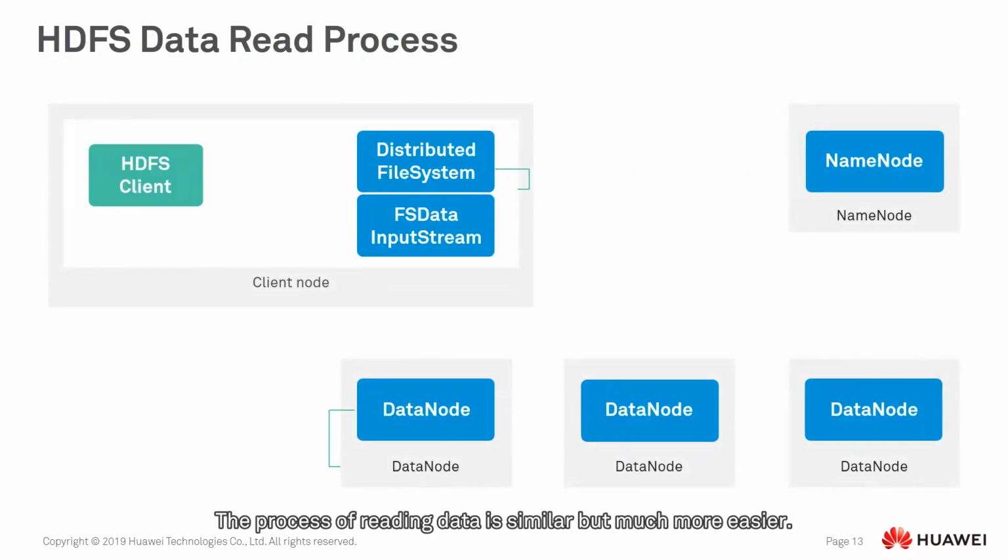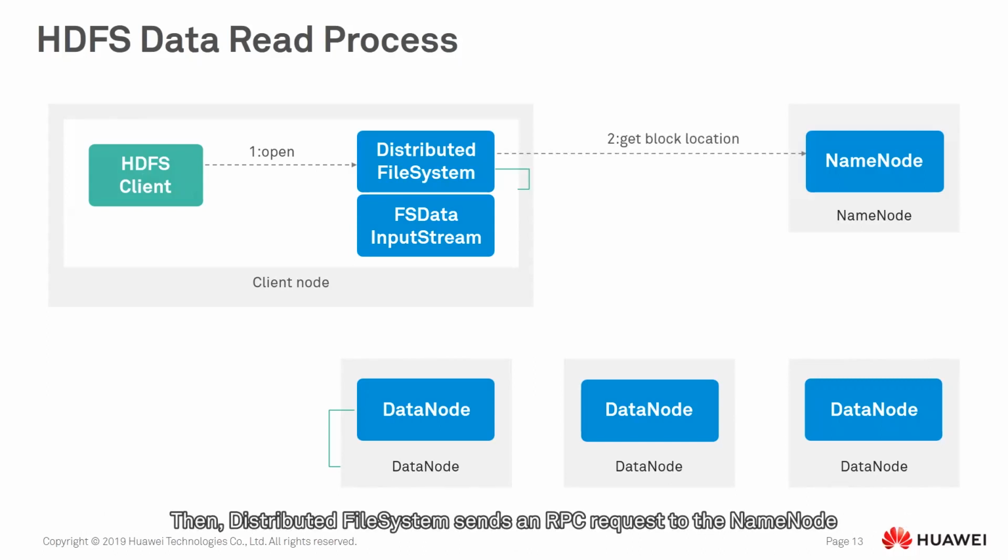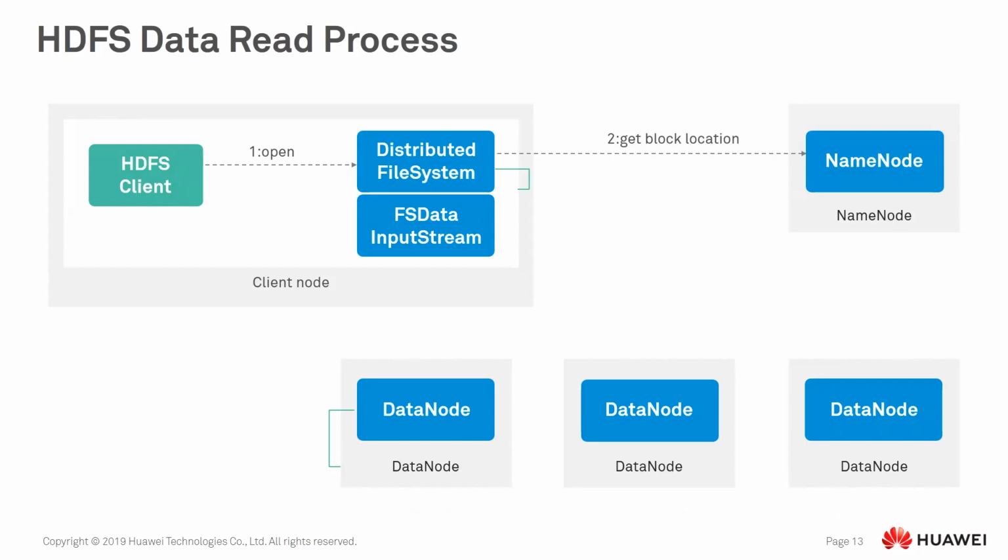The process of reading data is similar but much easier. A service application invokes an API provided by the HDFS client to open a file. The HDFS client opens a file by calling the open method of distributed file system object. Then, distributed file system sends an RPC request to the name node to locate the blocks of a file to be read.